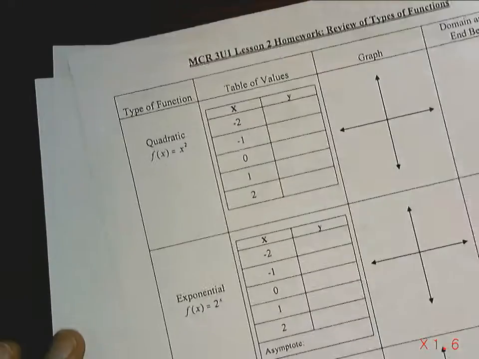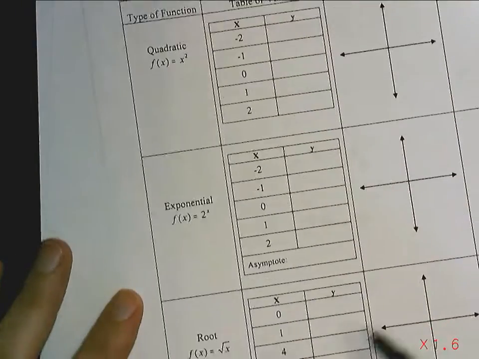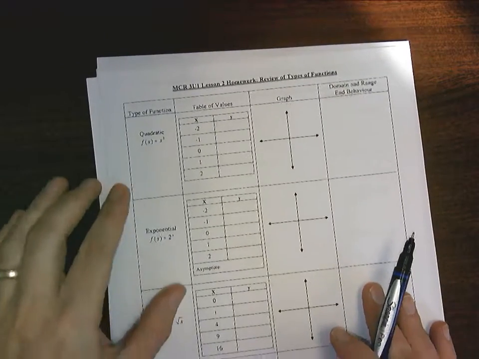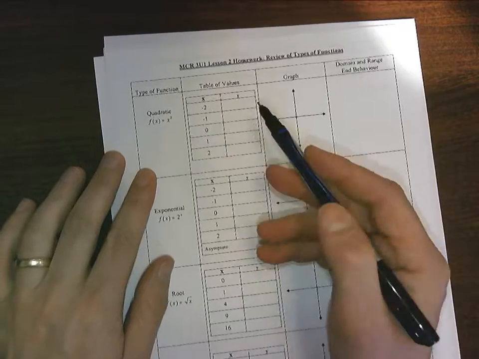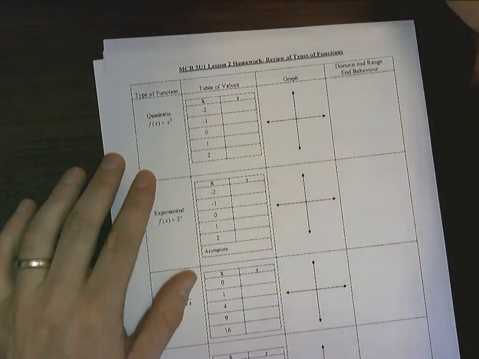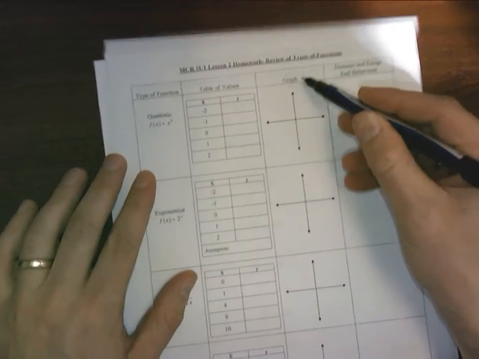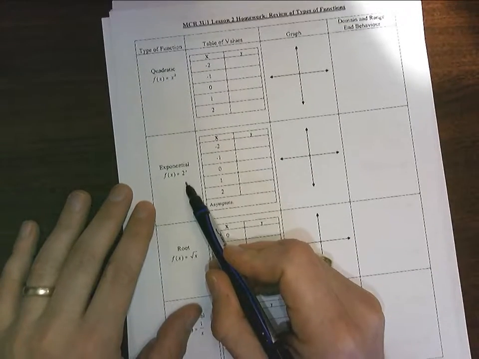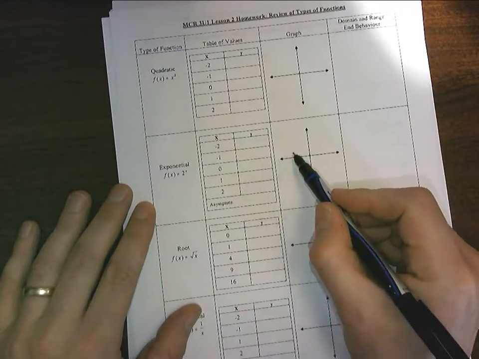Now remember, these are all your primary functions. As you're doing your homework tonight, you're going to be able to find your quadratic function. Your quadratic function is x squared, your base function, and it's going to have a vertex of 0, 0, and open up. Your exponential function, we talked about it today. It goes like this, okay?